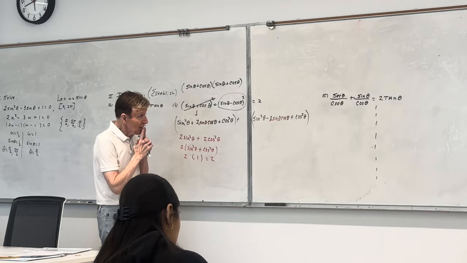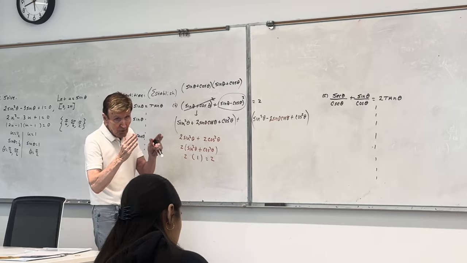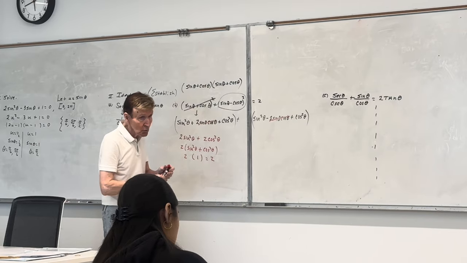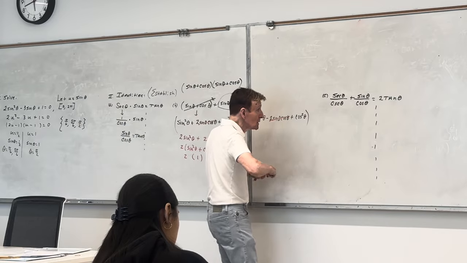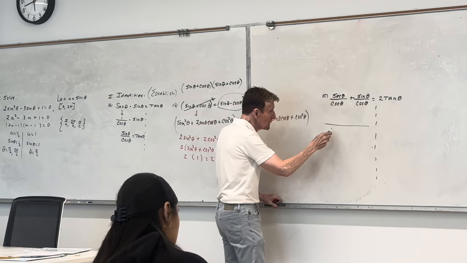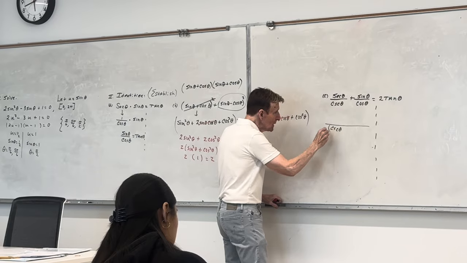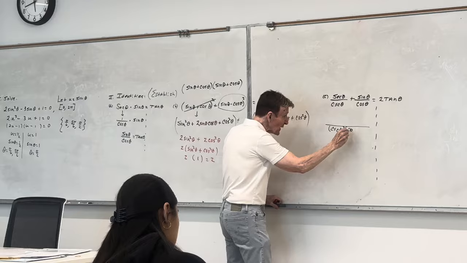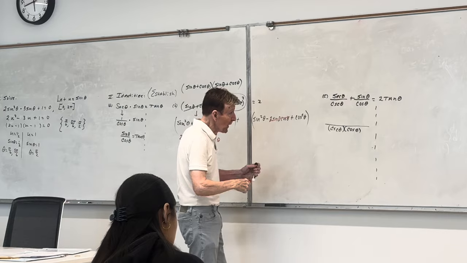If you use a common denominator of cosecant, cosine, I could put those 2 fractions together. You want to do that? We can do it. Here we go. You suggested, he wants me, guys, to use cosecant theta times cosine theta, interesting, as a common denominator and put those two fractions together.